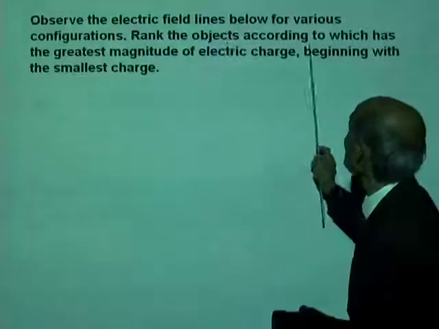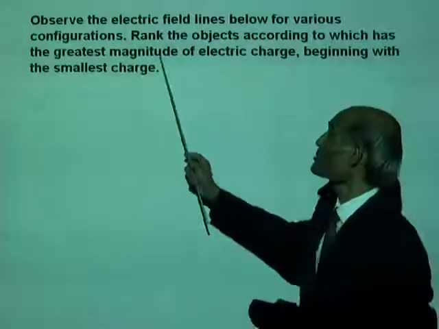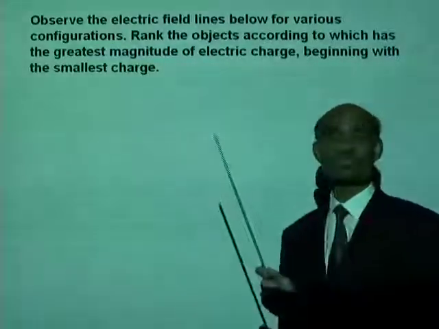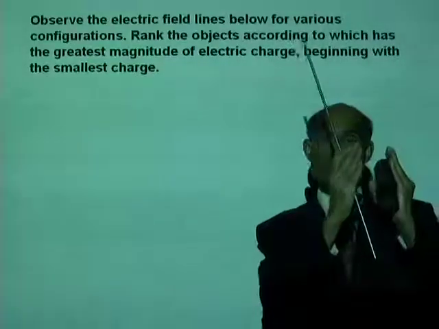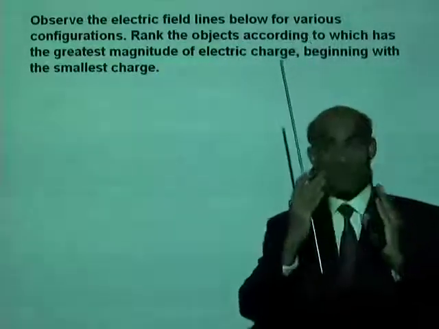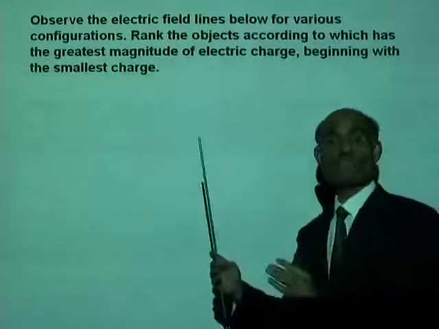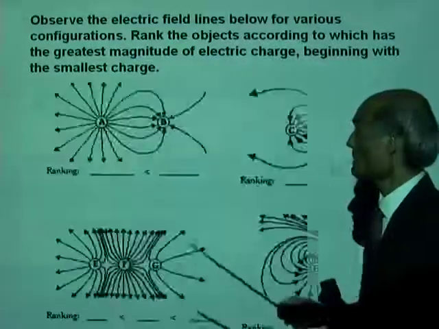Rank the objects according to which has the greatest magnitude of electric charge, beginning with the smallest charge. So you put the smallest first and then go in the order of increasing amount of charge.